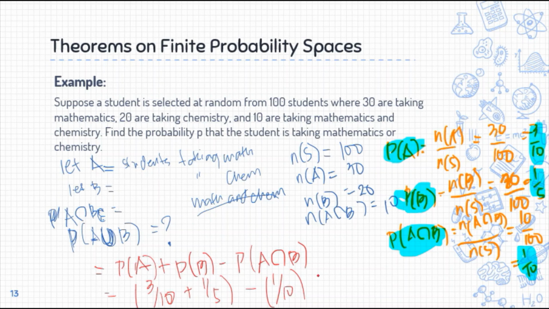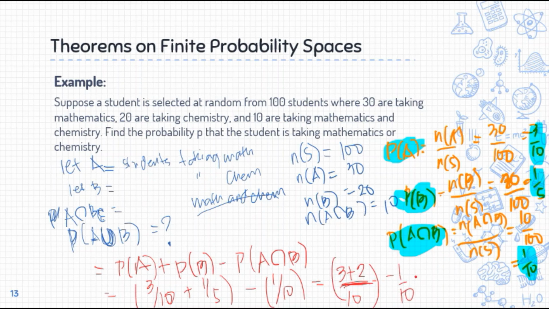Okay, so if we solve this, it becomes 3 plus 2 over 10. Am I correct? So this becomes 5 over 10, minus 1 over 10.